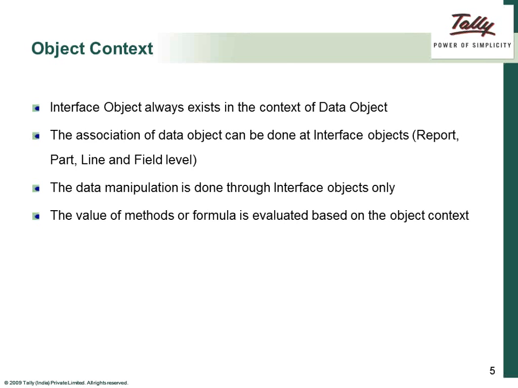As I'm repeating again, 90% of the time you do a connectivity at the line level, 8% of the time it's at the report level, the remaining 2% is at the path level, and the rarest of the rarest cases would be at the field level. Any changes in the data object or the context can be done only through the interfaces that we have. Every formula or method you provide in your report will be evaluated based on the object context you have provided at your interfaces.